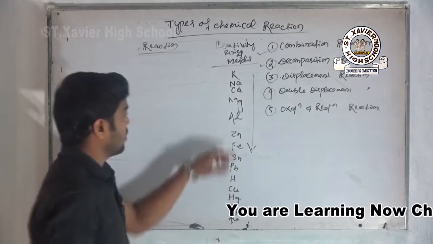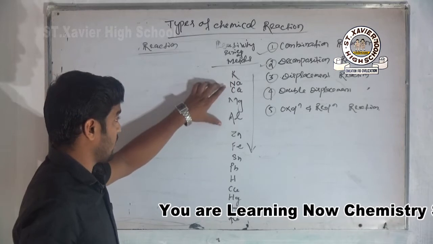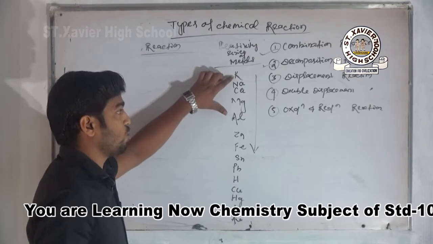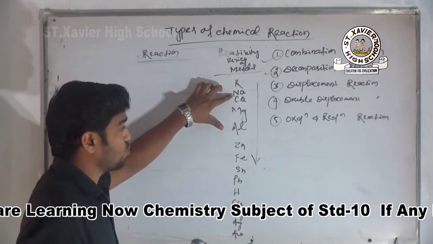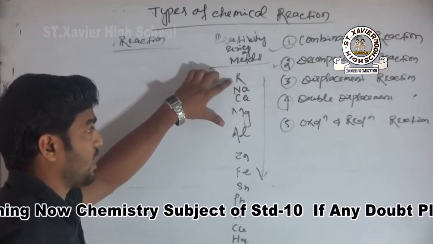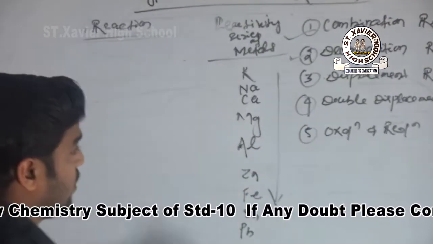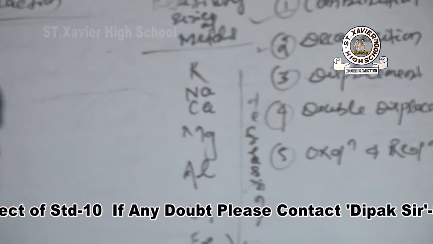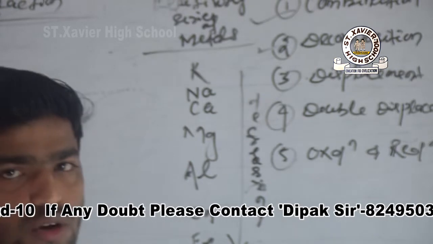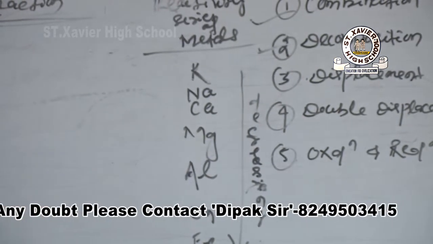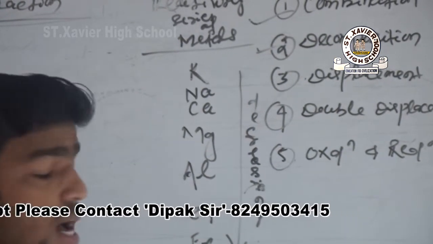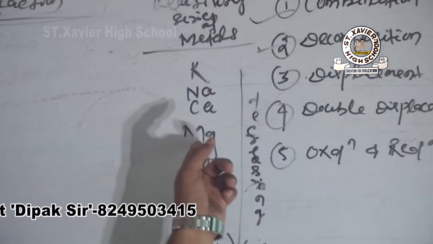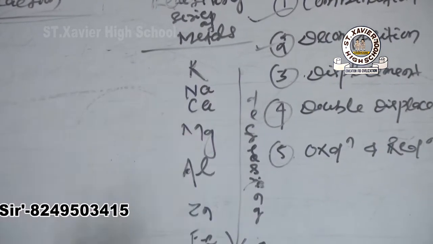That means from the series it is clear that between potassium and sodium, potassium is more reactive than sodium, because sodium is placed below potassium in the reactivity series. So this is our decreasing order of metals. The series gives us an idea that the metal which is present below another metal is less reactive than the metal above.